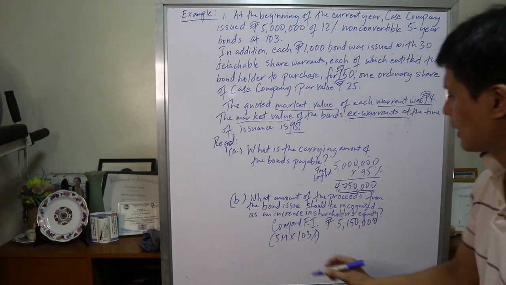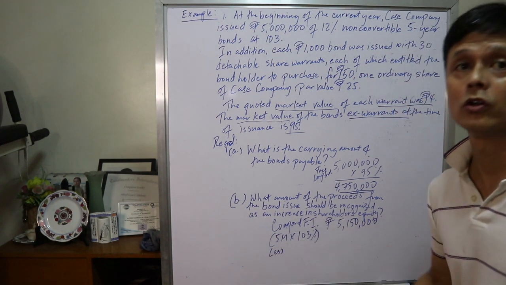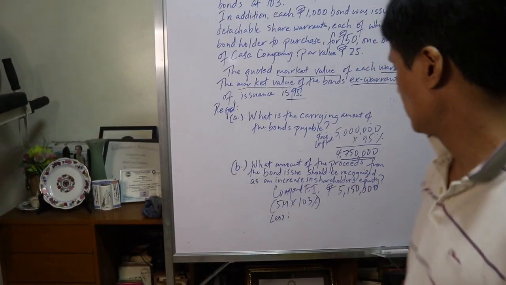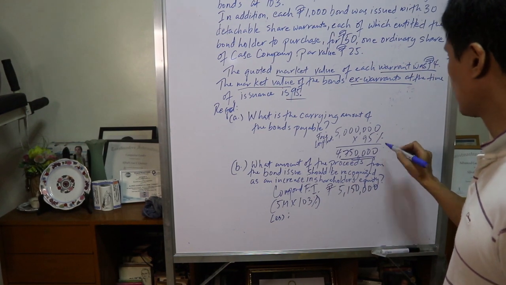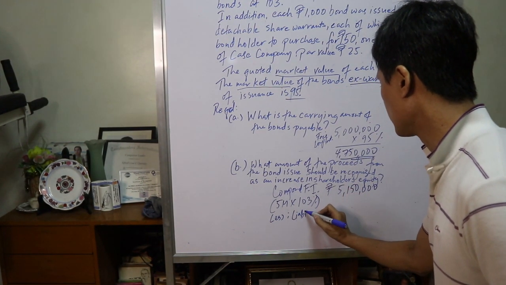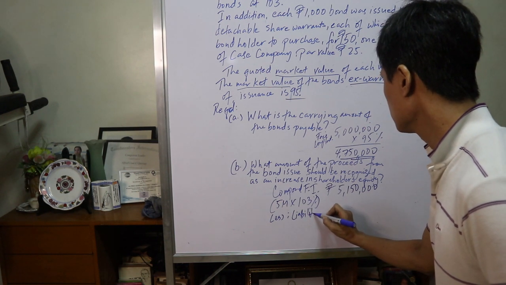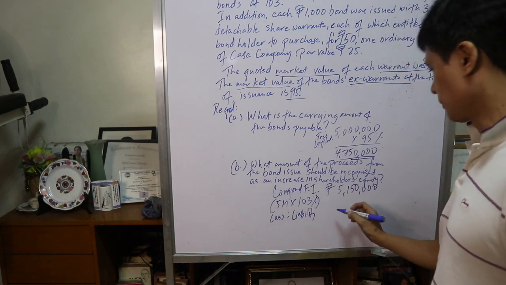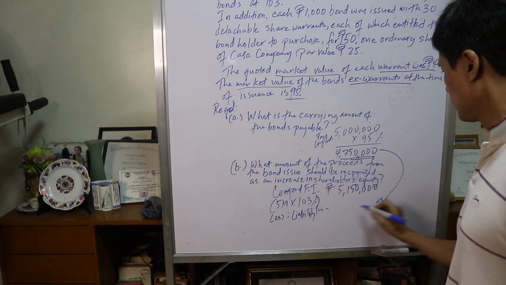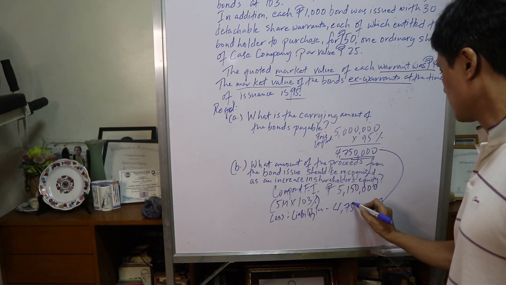Now, ito yung total. Ililess lang natin dito, hope you can see it, yung nakuha natin dito sa liability instrument, which is 4,750,000.